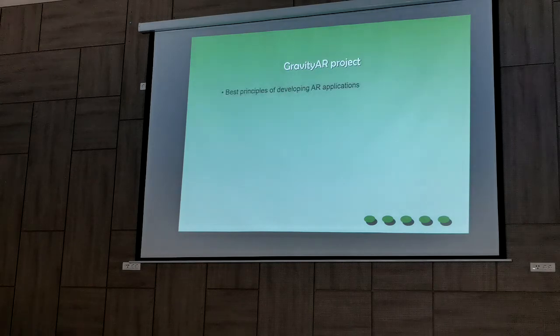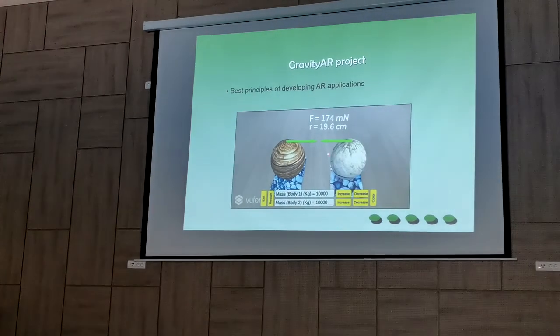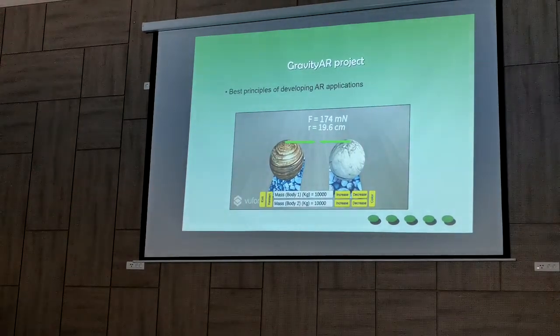Now I will show you some Gravity AR project that we produced. In this review article, we have learned about best principles of developing AR applications, and we made an application. Here we are using some targets. We have two targets for the stones, and inside the AR application there are planets.